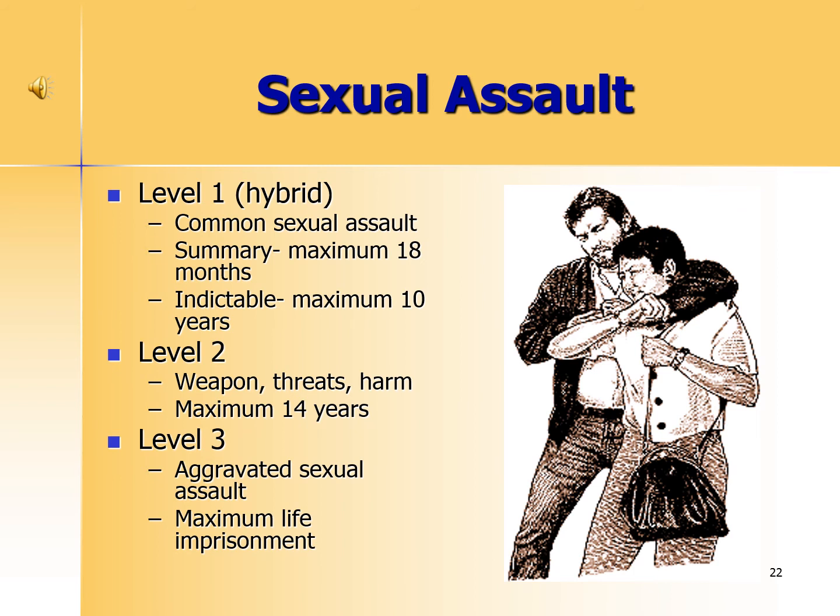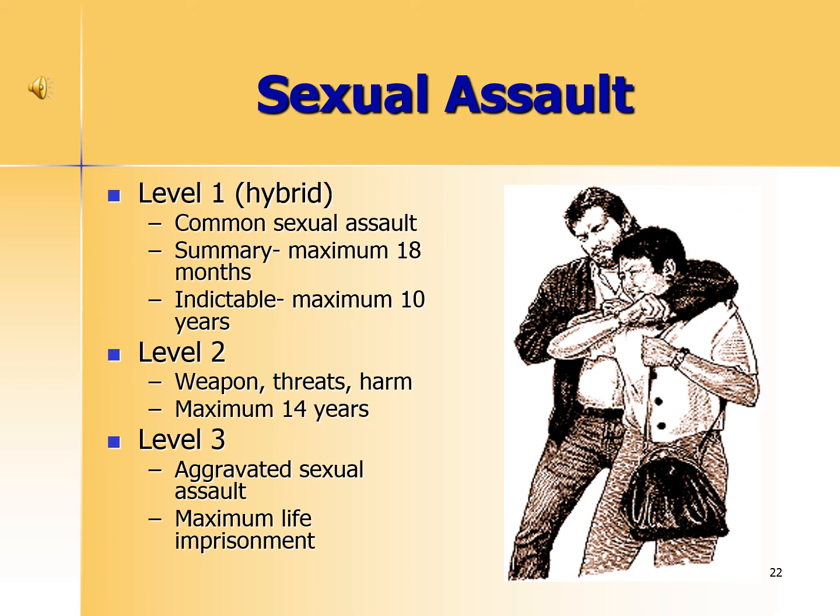This is the lowest level of assault, the least physically intrusive and damaging, and it generally can consist of someone touching someone else. It can even involve unwanted staring at someone, but it doesn't involve any kind of serious physical harm to the victim. And so this is considered a hybrid offense.